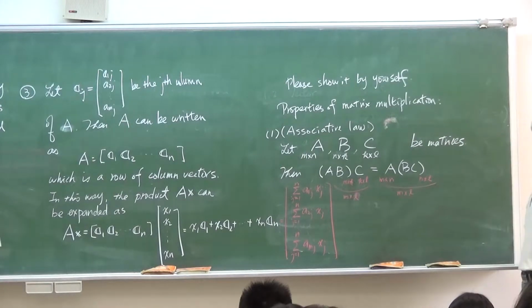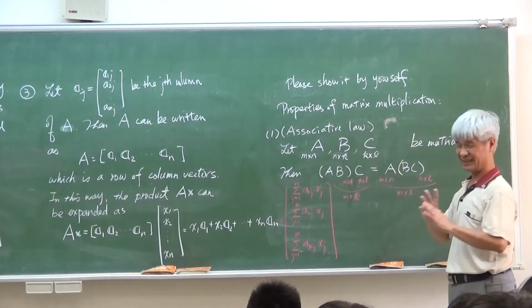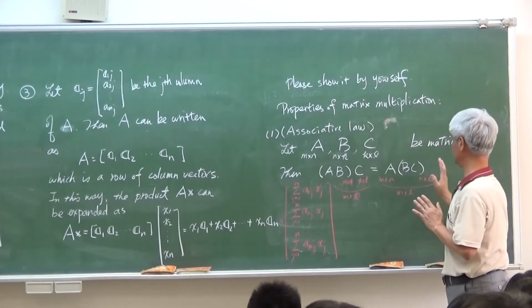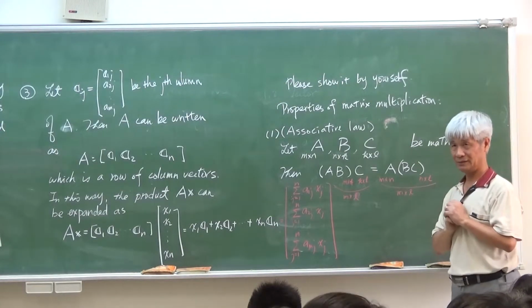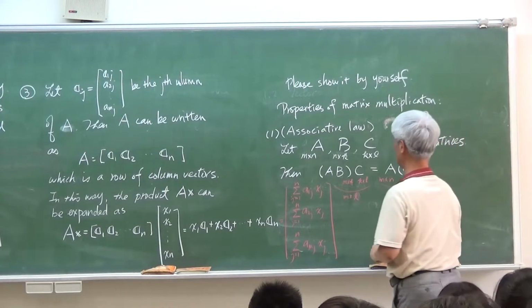It's called the associative law, and it is to be proved. But it's a little bit tedious, so I don't want to do it in this classroom right now. But please check it by yourself.